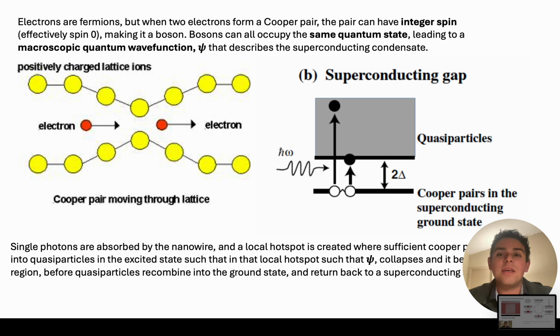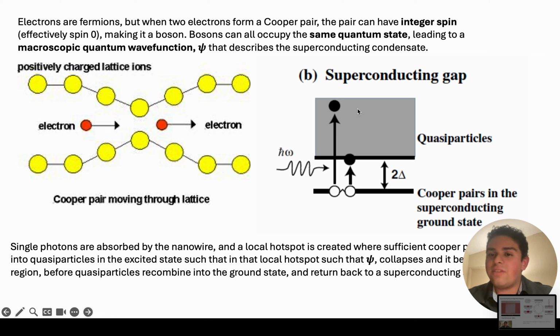So it's a boson. And one of the things about this formulation is that bosons can occupy the same state, leading to this macroscopic wave function psi that describes the superconducting condensate. So it's energetically favorable for these electrons to all occupy this superconducting ground state.